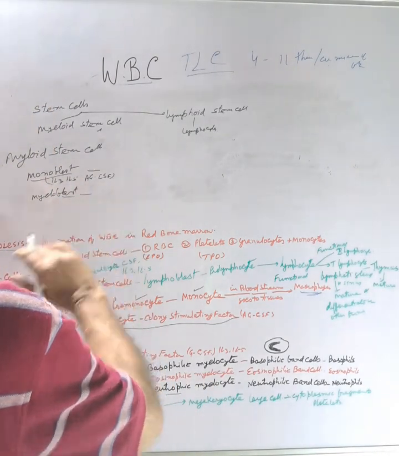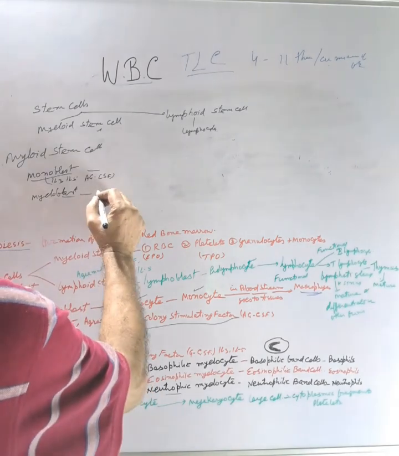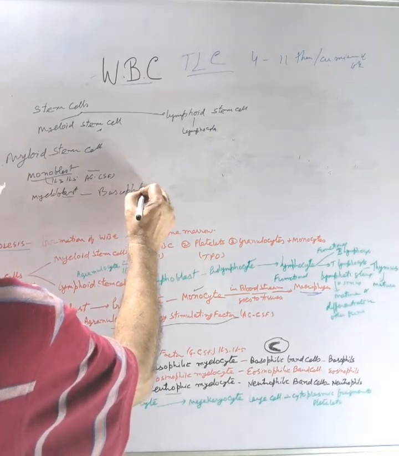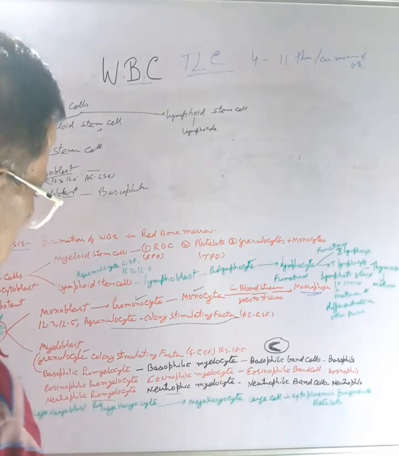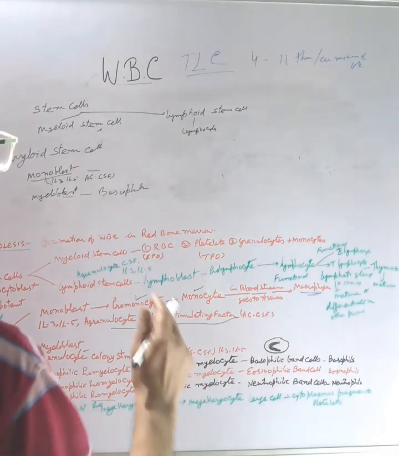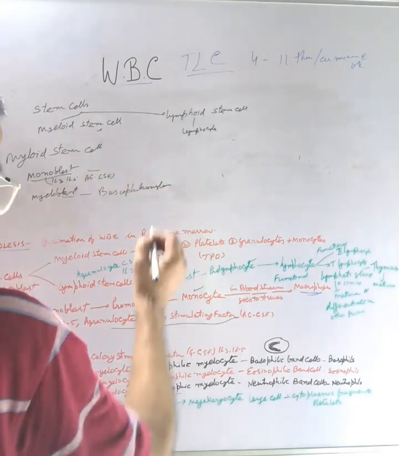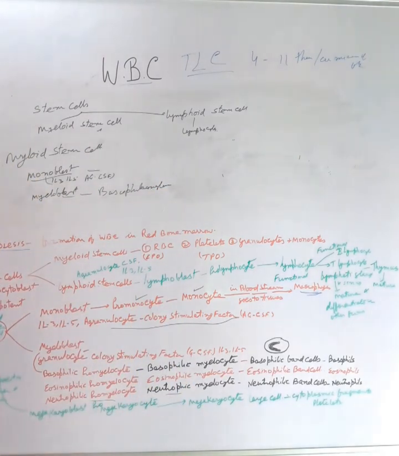From myeloblast, another is basophilic promyelocyte, and it will develop into basophilic myelocyte, then basophilic band cell, and finally basophils.